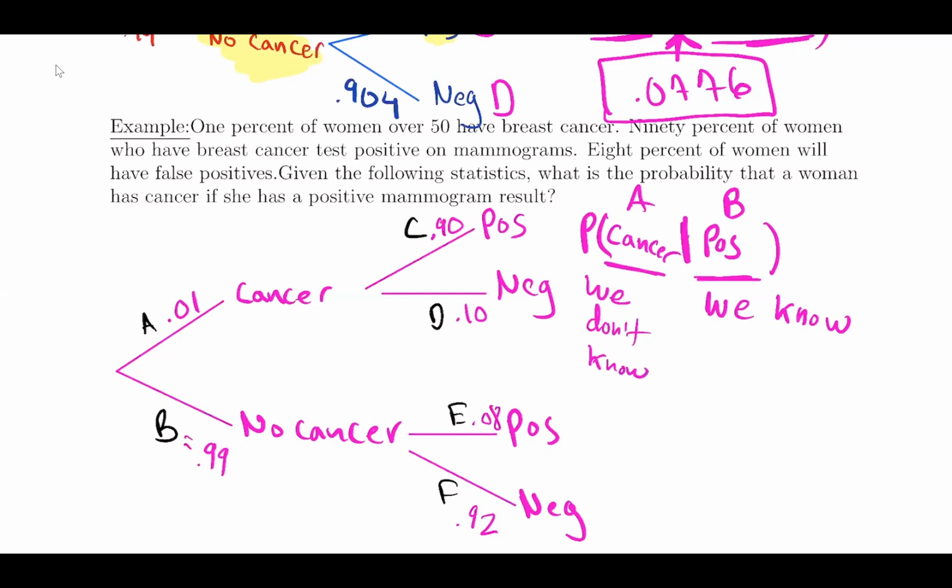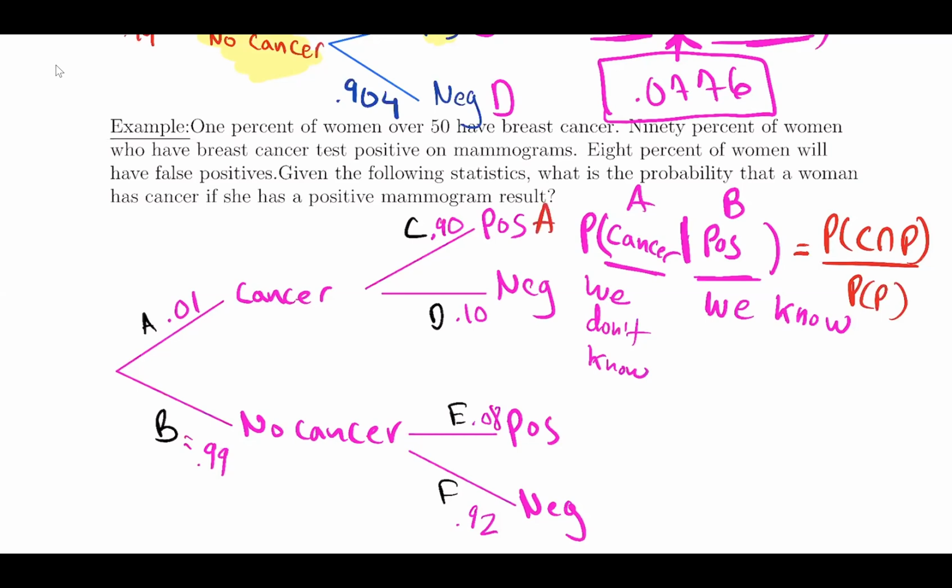Sweet. All right, so up next we're getting to the notation. For this one, we'll say probability they have cancer and test positive, divided by the probability they test positive. So we have to see which of the 4 branches we want to use.